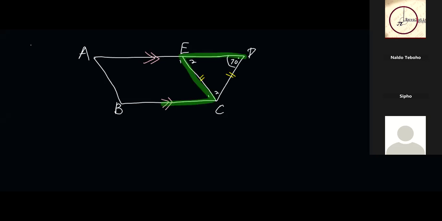E2 equals what? That's going to be equal to angle C1. So that will be alternating angles equal. Remember I said, if you check E2 on our previous proof, we got 70 degrees, if you still remember.